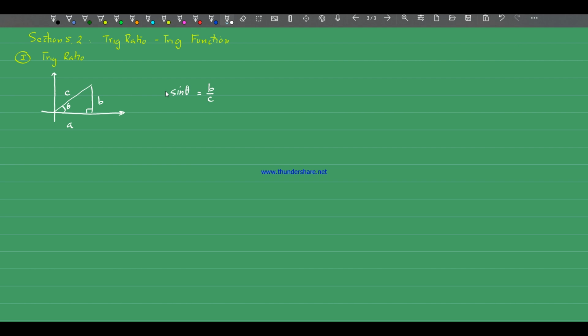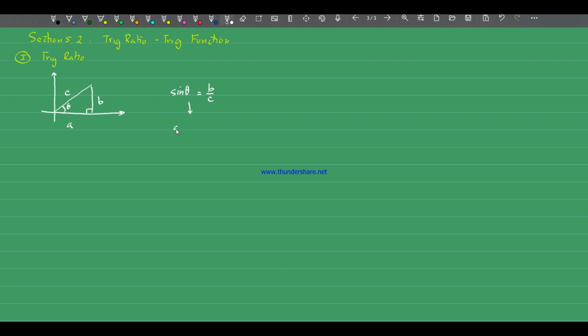Sine of theta is a function. It's a trigonometry function. Because if we put f of theta, remember that a ratio that we set up in function notation will become a trigonometry function. So this is a function, and theta over here is an argument.